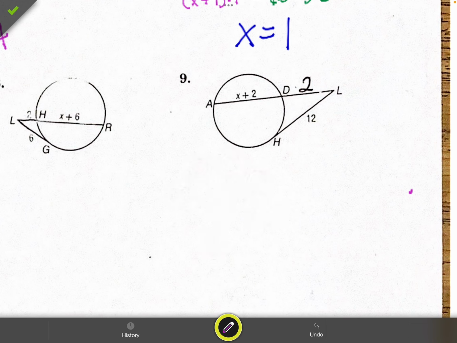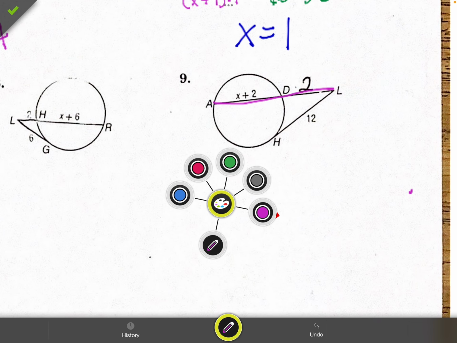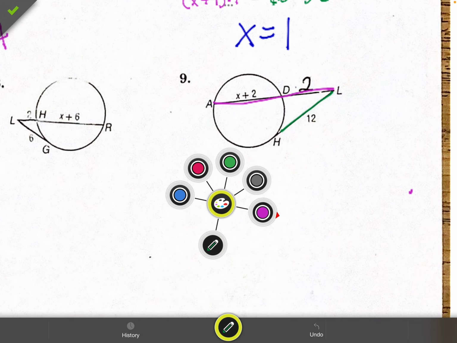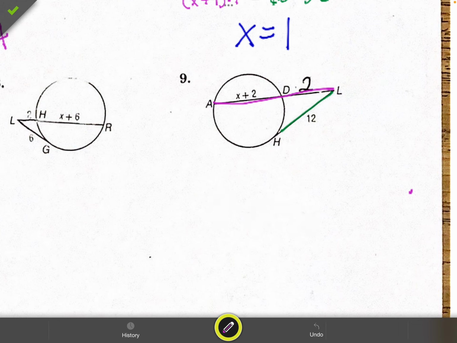So again, we're going to color code. There's my first segment. There's my second segment. So I look at my first segment, x plus 2 is on the inside of my circle, 2 is on the outside. That's your secant. As soon as we say secant, we throw up the brackets to remind ourselves that we need the whole thing.